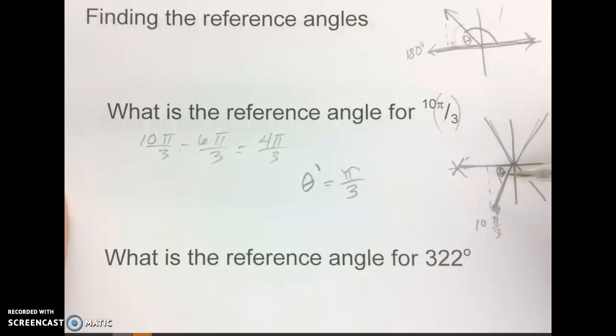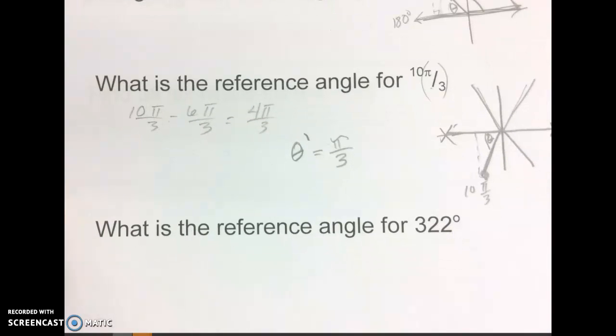We use it when we're setting up these triangles in the coordinate plane to evaluate the trig values, and we'll use them in other places as well. So the reference angle is very important. Just to clear that up, the reference angle is the shortest angle measure from the terminal side to the x-axis.